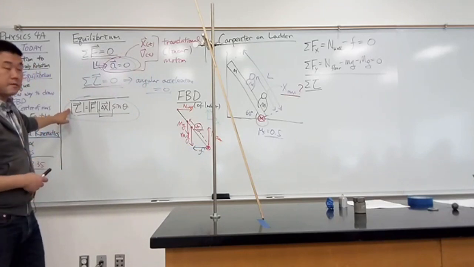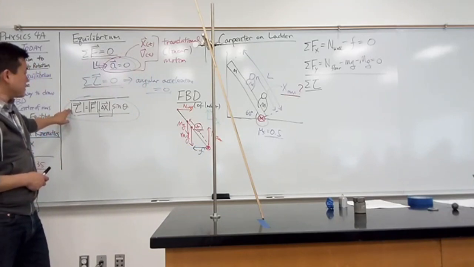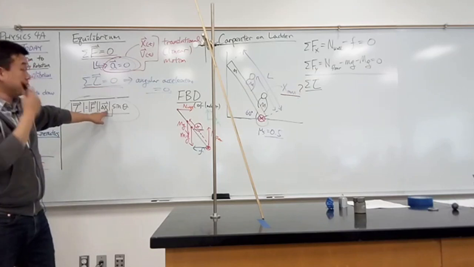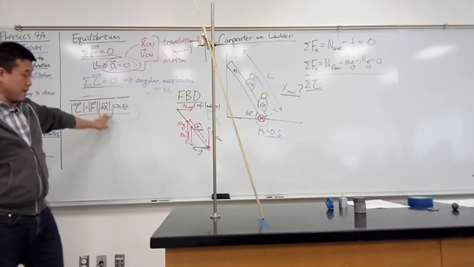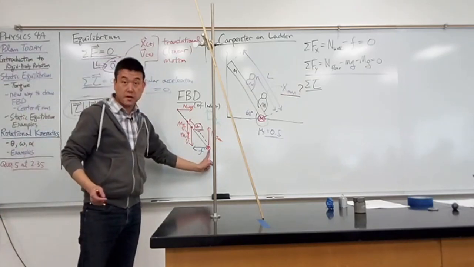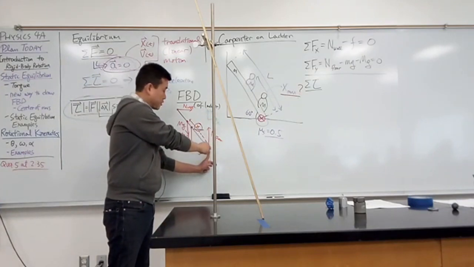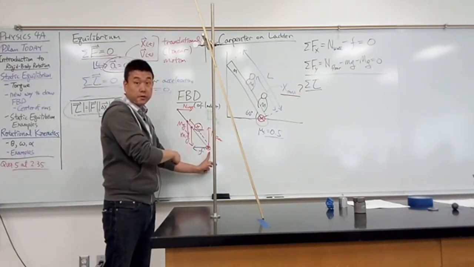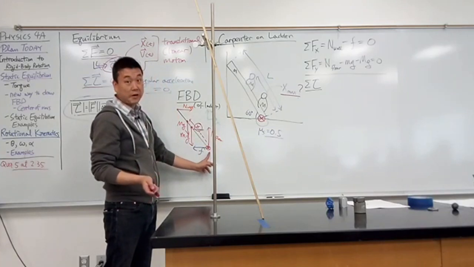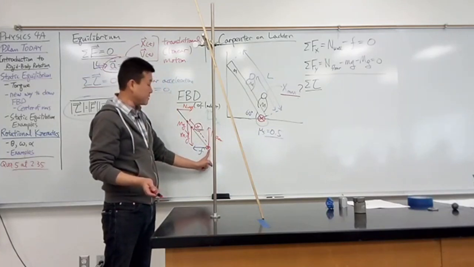Torque for any force becomes very simple if I can say delta x is equal to 0. If I locate my center of rotation here, then normal force provides 0 torque, and the friction force provides 0 torque. So that makes my life easier. That's why I'm picking this as my center of rotation.